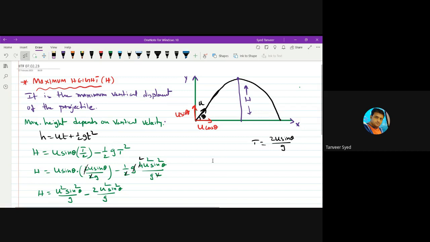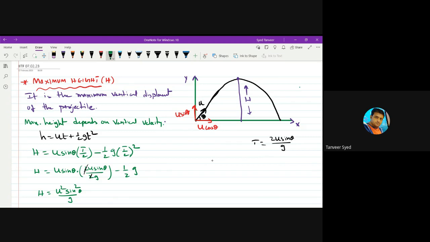One minute. See here, this is not t, right? This is t by 2. Here also we should put t by 2. So I will change this. First term is okay. In the second term, this is not t square, this is t by 2 square. Okay, so what do you get here? Half into g into t by 2 square.